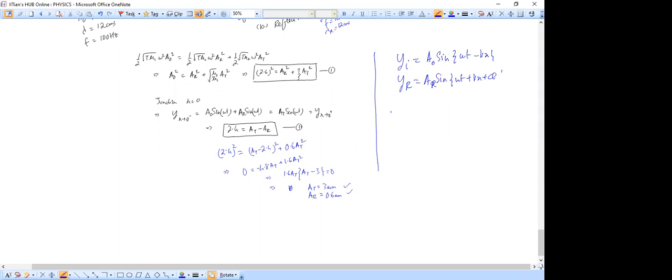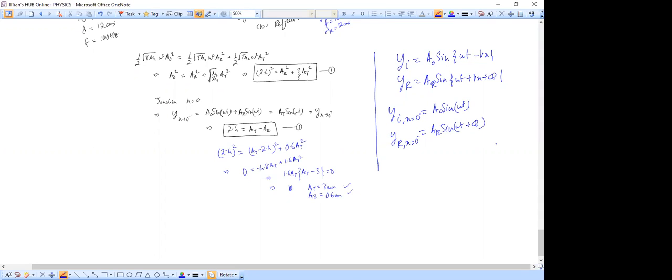Now, y incident at x equal to 0, just before x equal to 0, is A naught sine omega t. Y reflected at x just before 0 will become A reflected sine omega t plus phi.